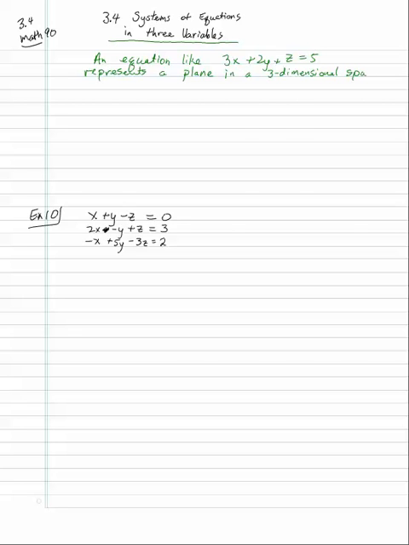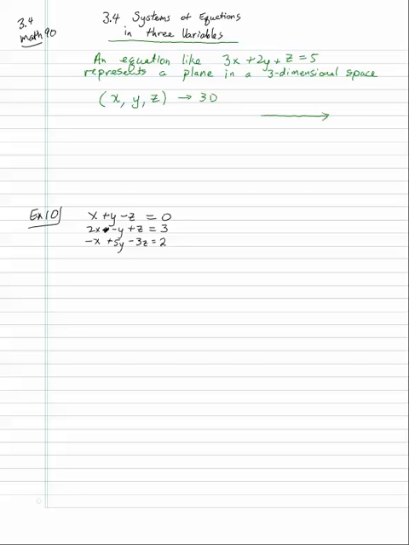So from 3.1 we were in a two-dimensional space, x and y, and you have your xy axis, which is a plane. In 3 space, in 3D, you have x, y, z, three variables. That's 3 dimensions. And the way you do it is you take your xy axis and you flip it sideways.